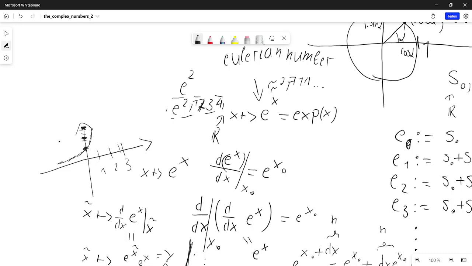In 2 we have approximately 7.3. Okay, it's approximately 9 or something. 3, 4, 5, 6, 8, approximately something like that. Okay, that's the exponential, right?